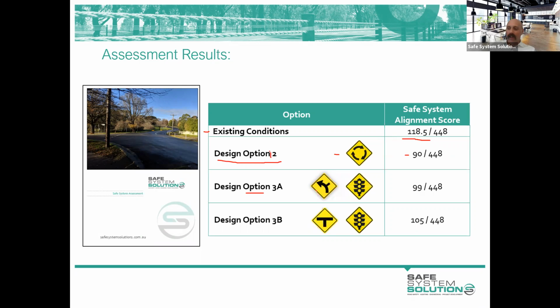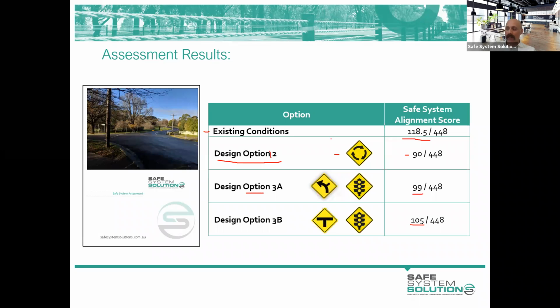The design option 3A, the modified T with signals, 99. And option 3B, standard T with traffic signals, is 105. And these scores have been brought about by the combination of the exposure, the likelihood score for each of them, and the severity score for each of them.